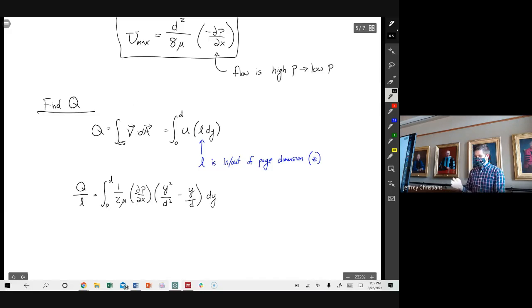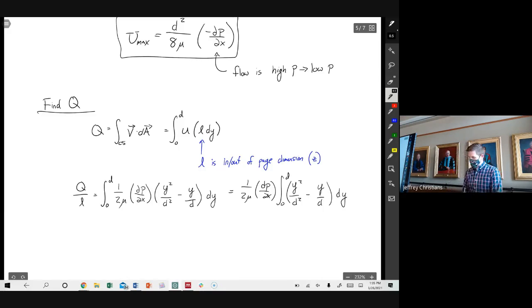Okay. The stuff at the beginning, the 1 over 2 mu dp dx, those are all constants, so those can all come out. 1 over 2 mu dp dx, integral across the channel, y squared over d squared minus y over d dy.